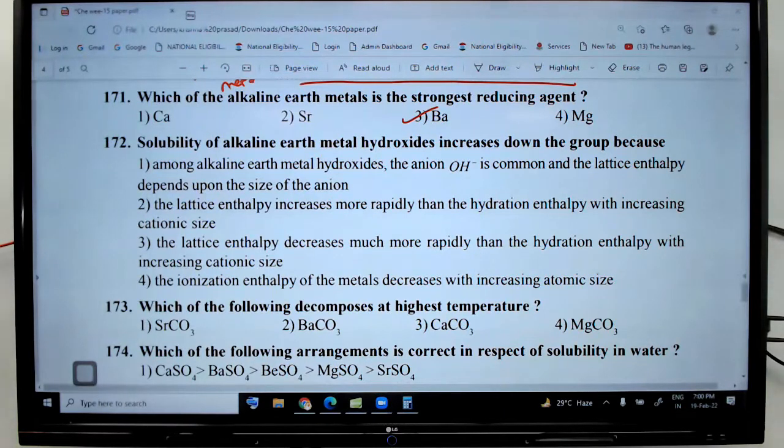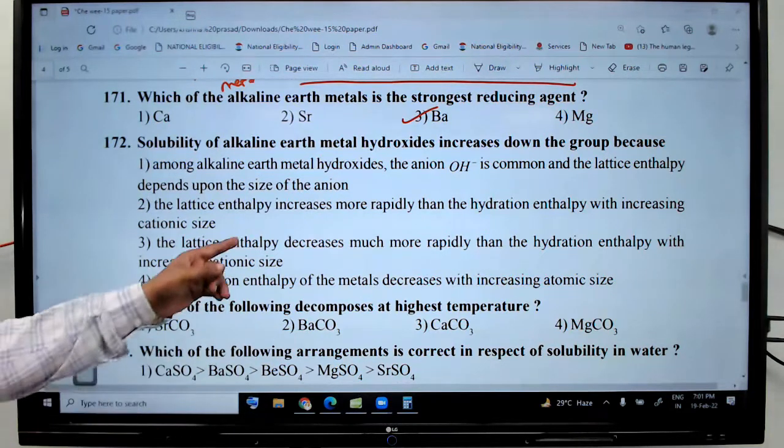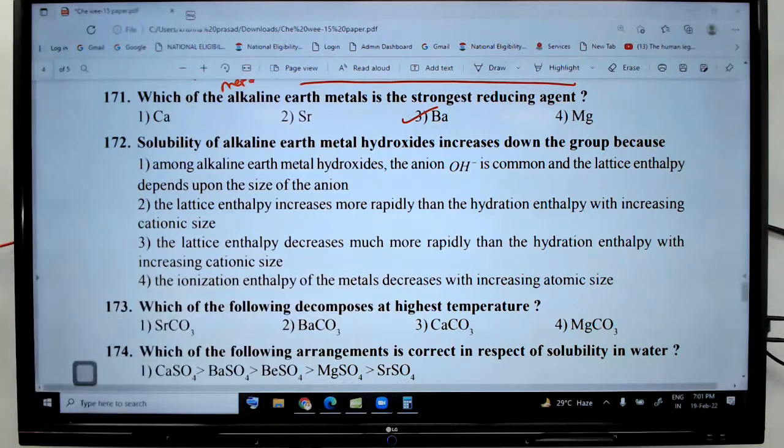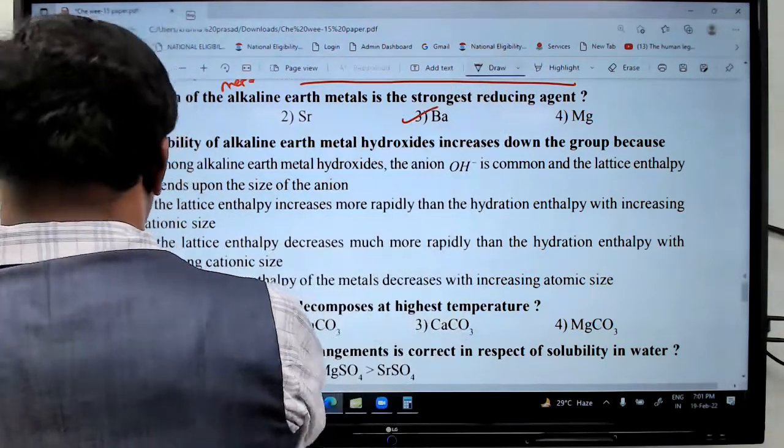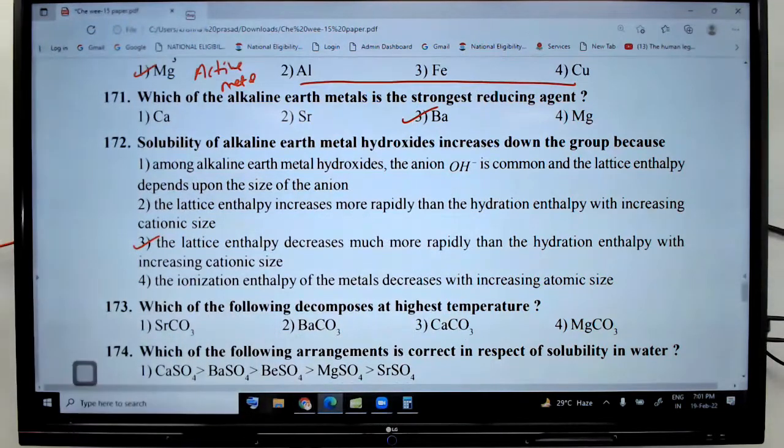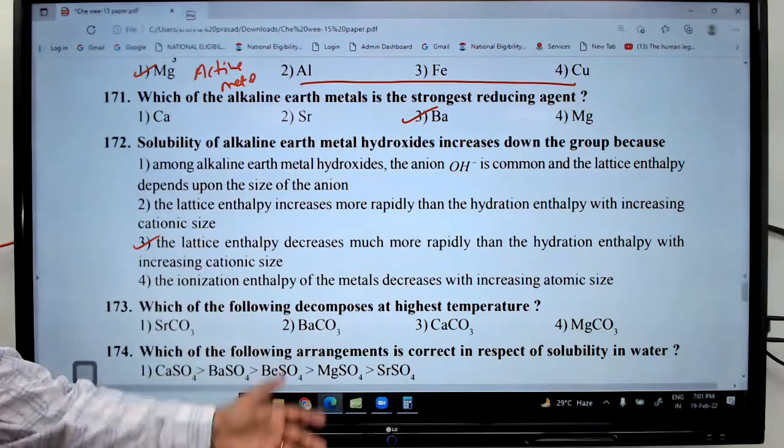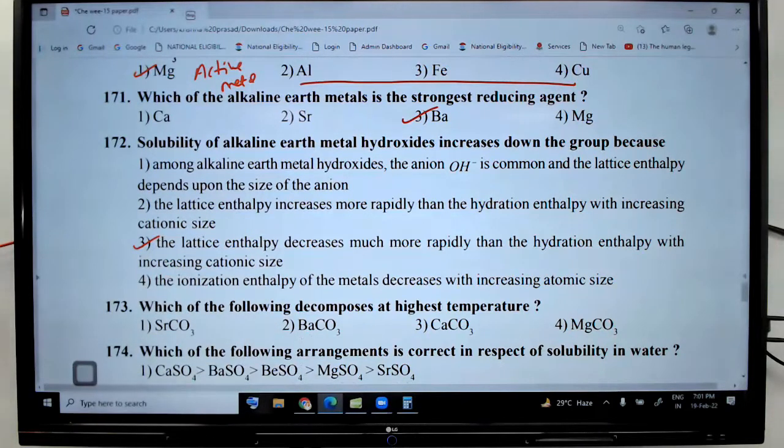Lattice enthalpy decreases much more rapidly than hydration enthalpy with increasing ionic size. Third option only. Lattice enthalpy decreases, hydration energy increases. That is why solubility increases. Now, which of the following decomposes at high temperature?